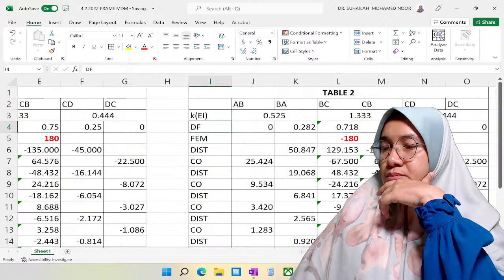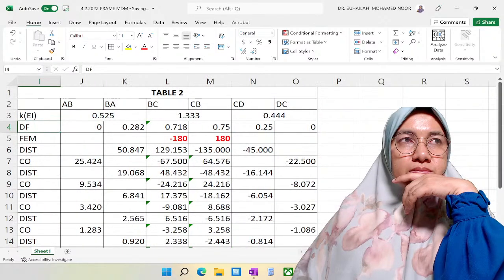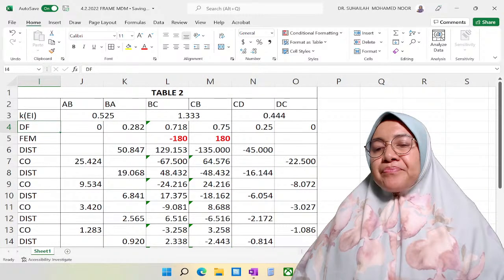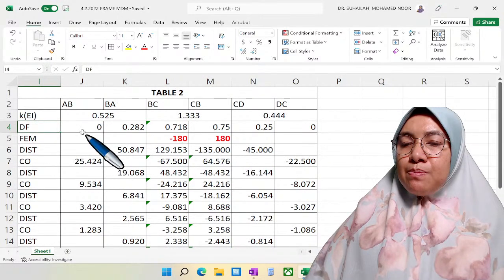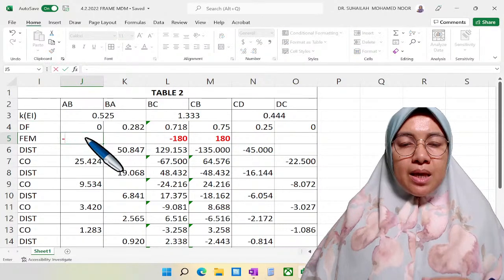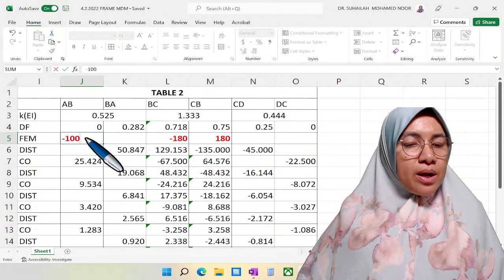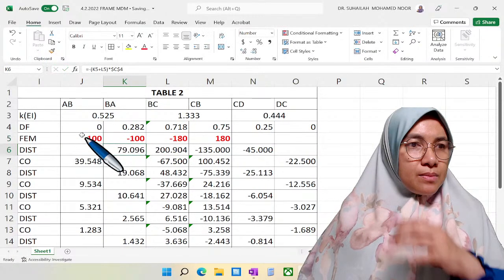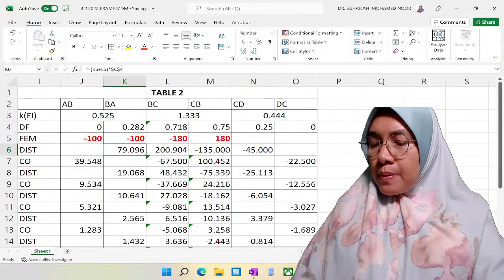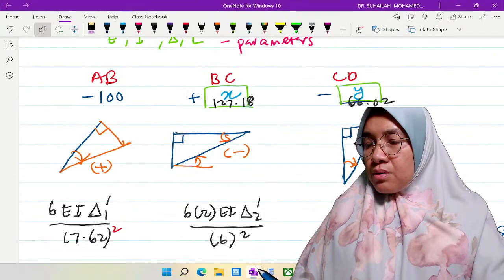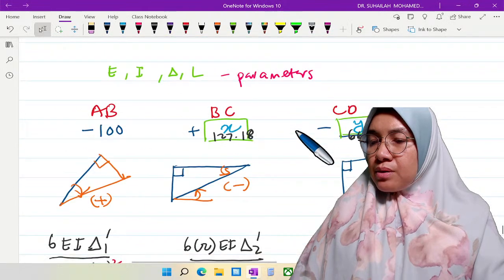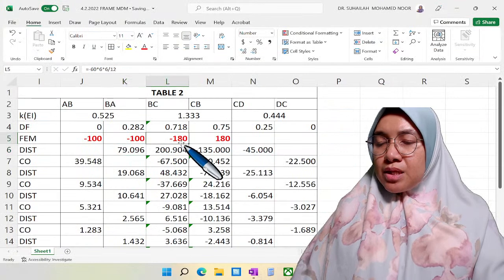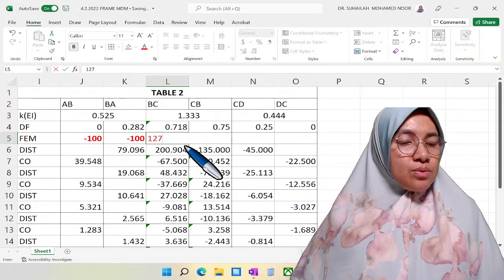So FEM AB, BA is negative 100. Negative 100. And then what was the second one? 127.18, it is positive 127.18.